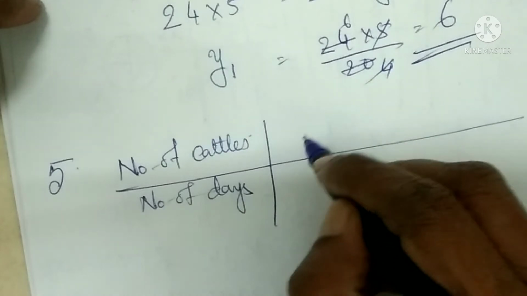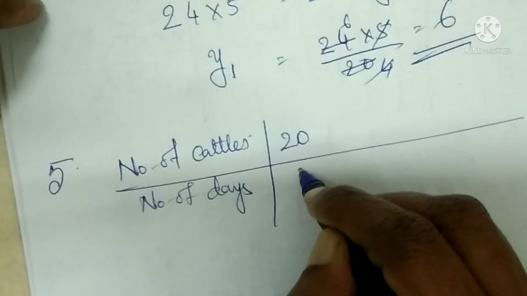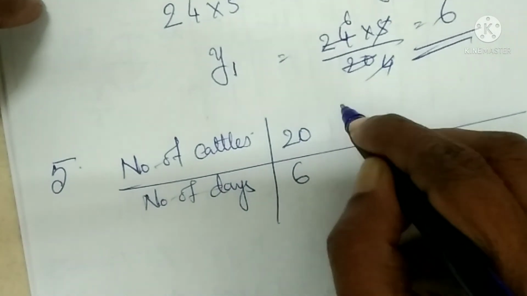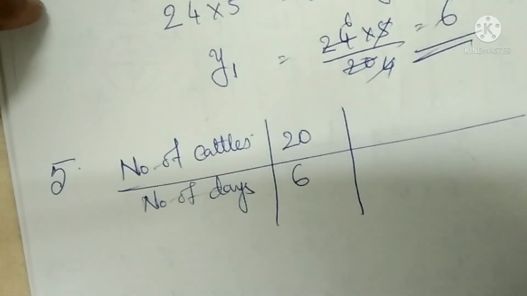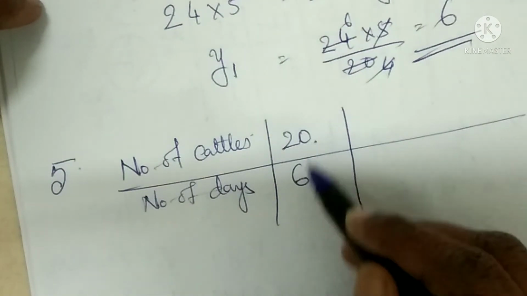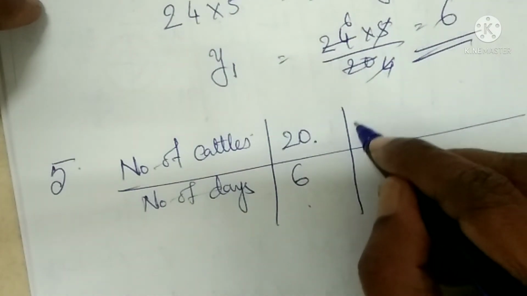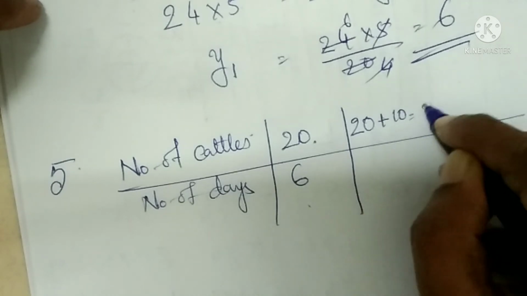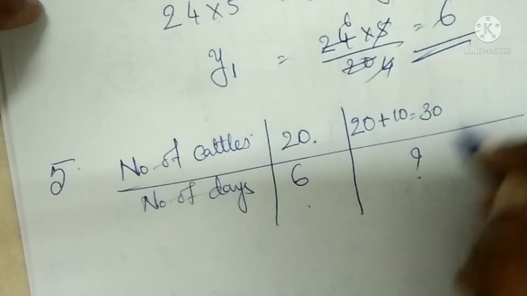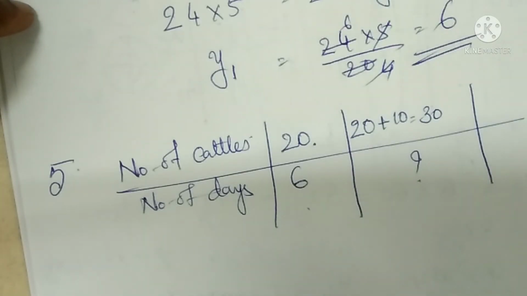If he has 20 animals, they can eat for 6 days. Now, how long would the food last if there were 10 more animals? 10 more means 20 plus 10. If there were 30, how much food is required? Or how many days will it run?